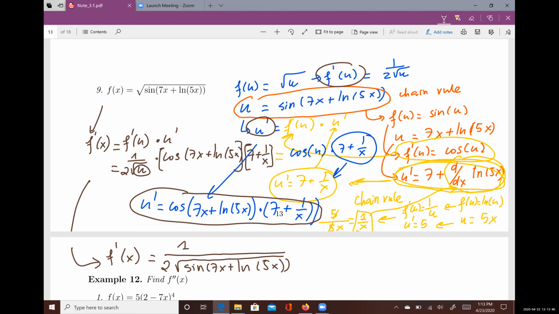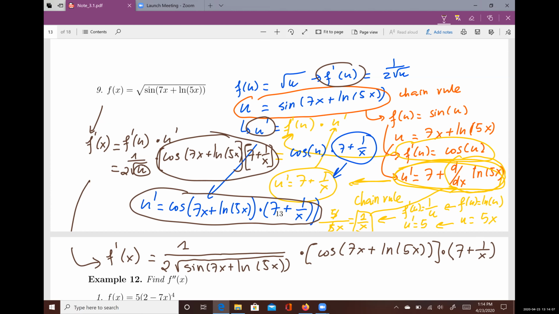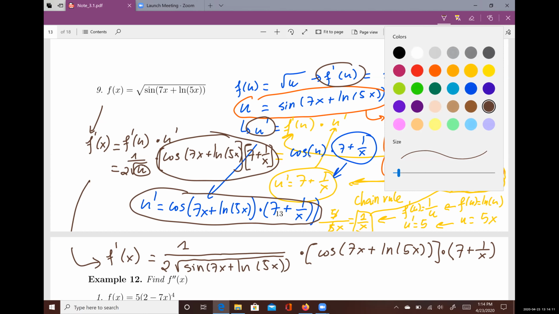Okay, so that's 1 over 2 square root u times this part here, cosine of 7x plus natural log of 5x, and then multiply to 7 plus 1 over x. So this should be your answer.